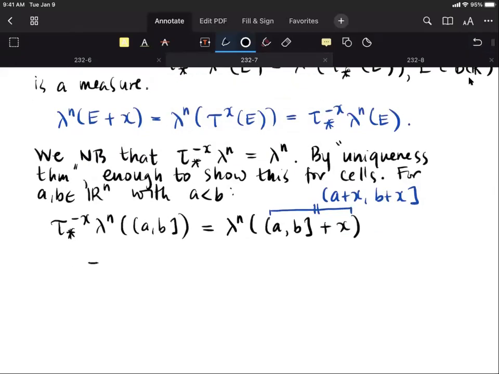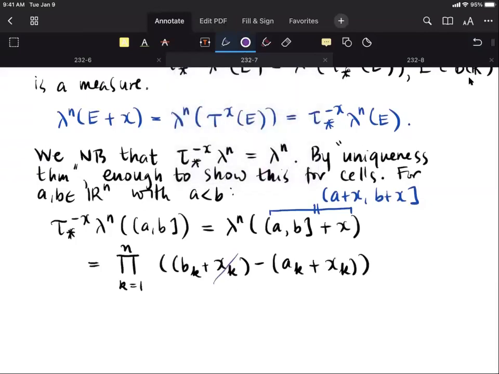And if the coordinates are given by subscripts, then the Lebesgue-Borel measure of this translated cell would be the product of the right endpoints, b sub k plus x sub k, minus the left endpoint, a sub k plus x sub k.